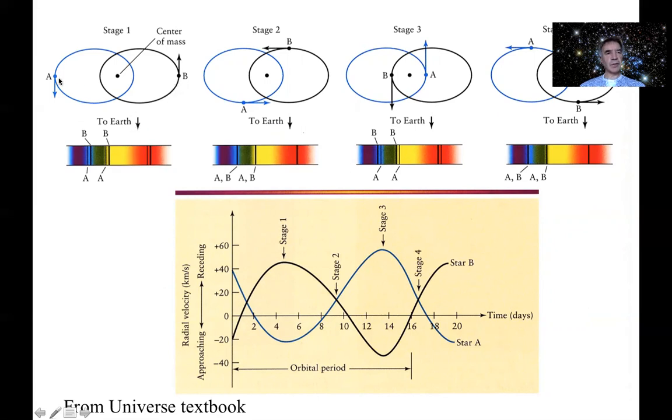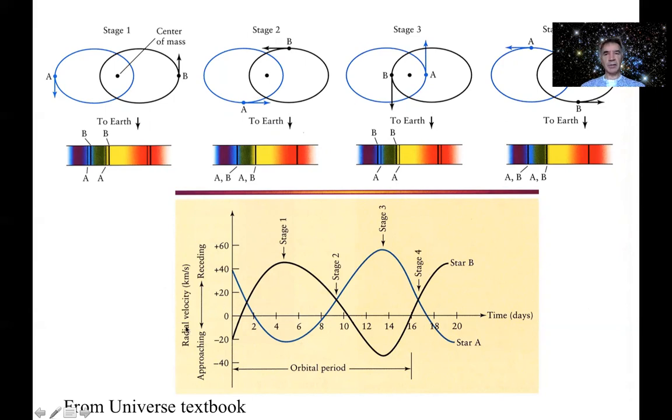The Earth is this way. Here star A is coming towards the Earth, so the spectral lines from star A are blue shifted, but the spectral lines from star B will be red shifted. So you get a maximum splitting between the two lines there. At this stage of their orbit, they're both moving sideways, so the lines merge. Over here, it's switched over. B is coming towards us, so B is more blue shifted, and so on.